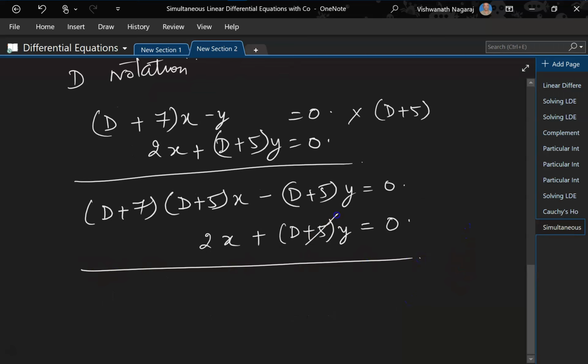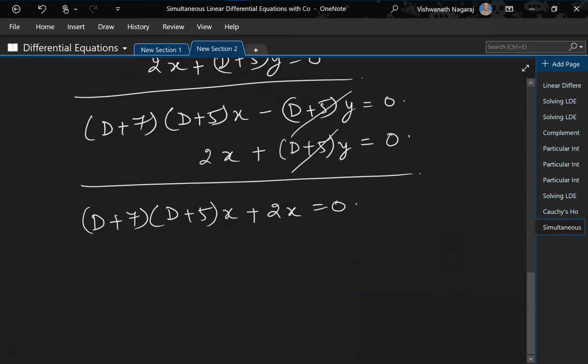Now if you notice, these two get cancelled out and we are left with (D plus 7)(D plus 5)x plus 2x is equal to 0. Let's open up these brackets. (D square plus 5D plus 7D plus 35)x plus 2x equal to 0.